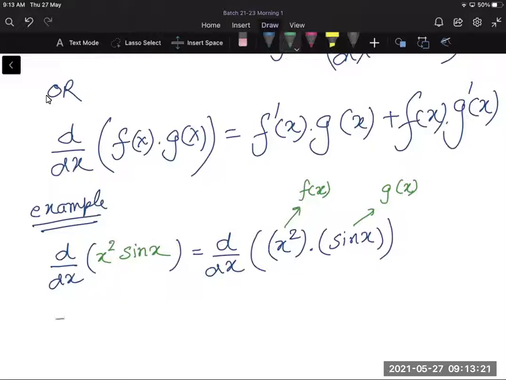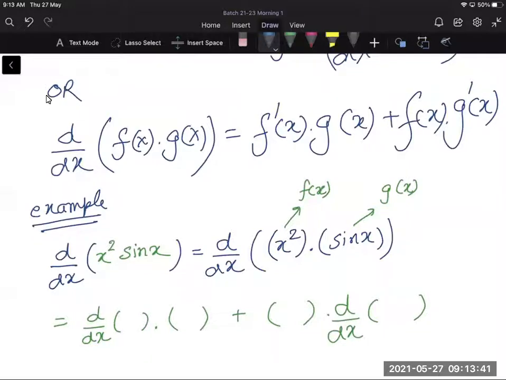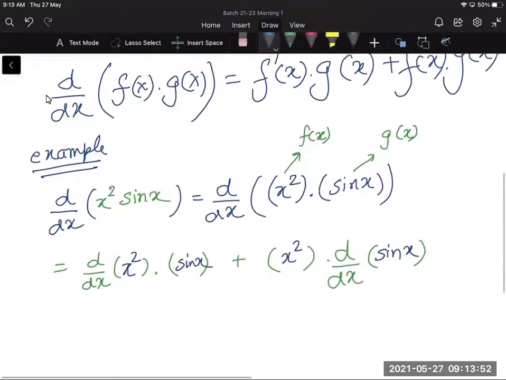So the product rule tells me that this must be equal to the differentiation of the first function multiplied by the second function plus the first function multiplied by differentiation of the second function. Okay. So d by dx of the first function multiplied by the second function, plus the first function multiplied by d by dx of the second function.